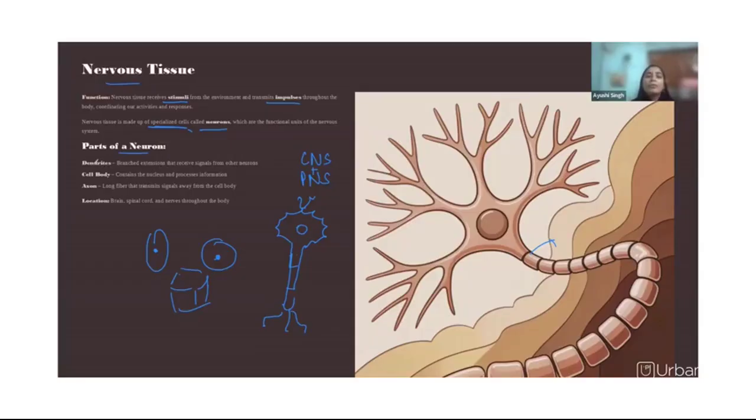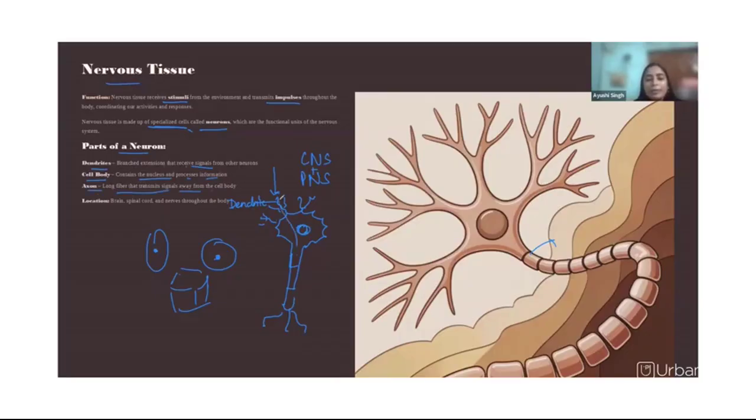The parts of a neuron are, first, dendrites. These are the branched extensions that receive the signals or impulses from other neurons. The cell body contains the nucleus and processes information. The axon is a long fiber that transmits the signal away from the cell body.